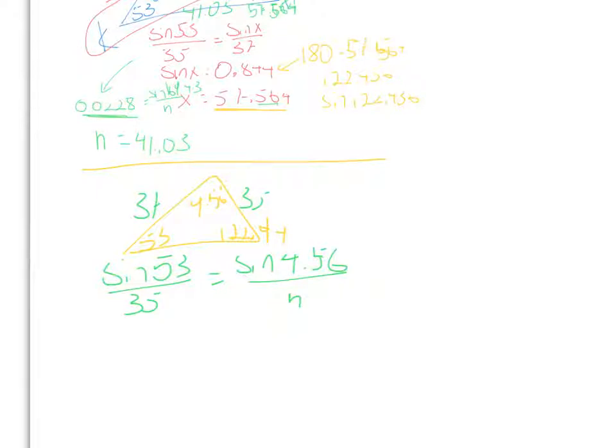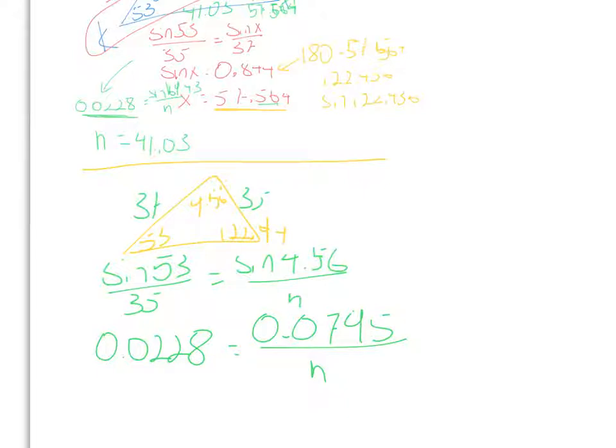And when I do that out, so this is going to be that 0.0228 that we got above, sine of 4.56 is going to be 0.0795.